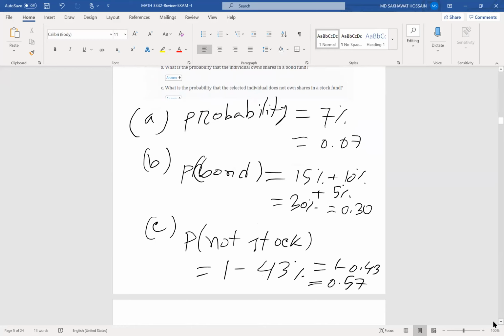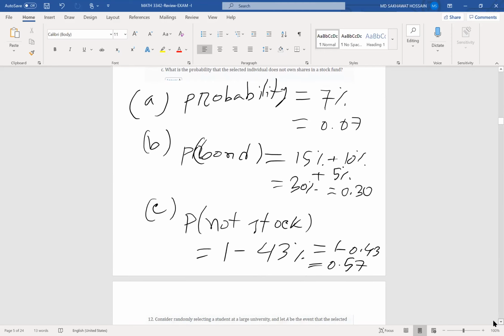So the probability that the person does not own shares in a stock fund is 0.57. Do you have any question?